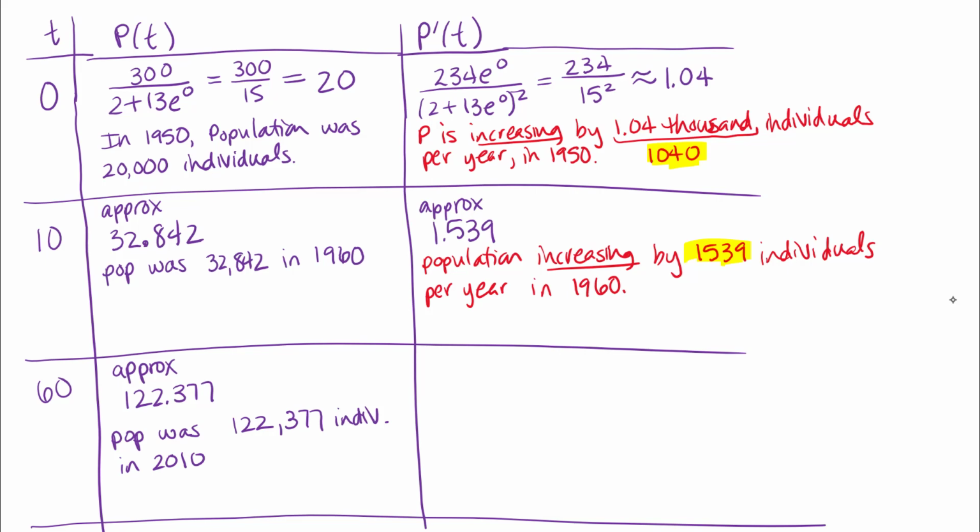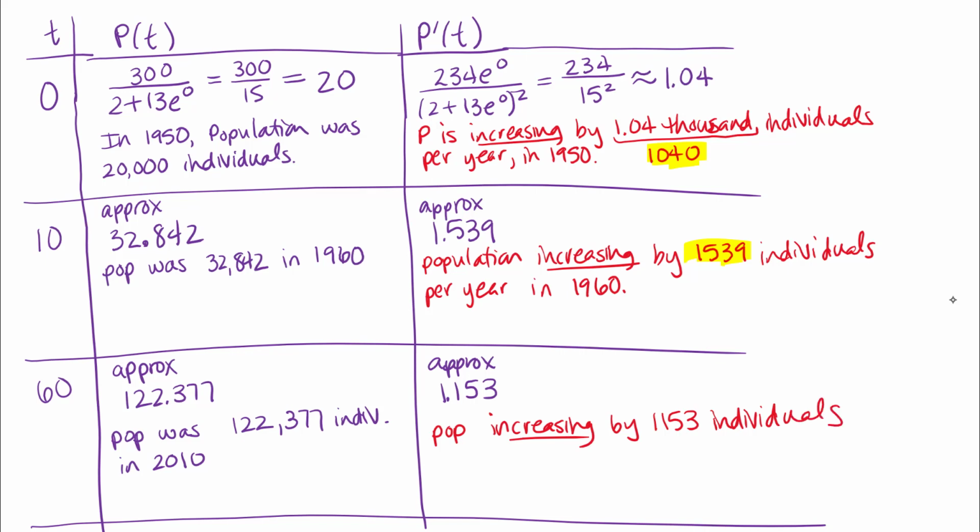When I plug t equals 60 into my p prime, I get approximately 1.153. Or interpreting that, that tells us that the population, again, a positive rate of change, so it's increasing by 1.153 thousand, or 1,153 individuals per year in the year 2010.